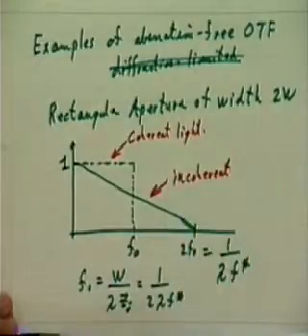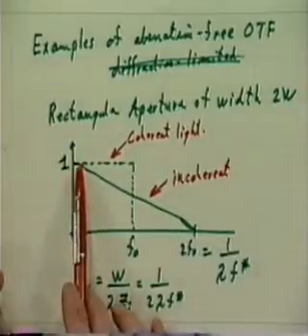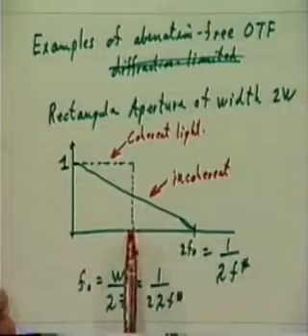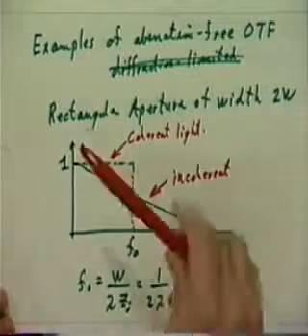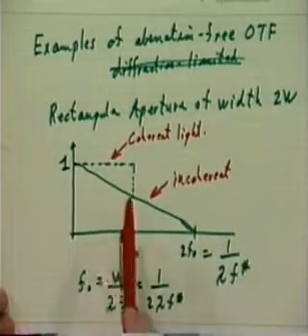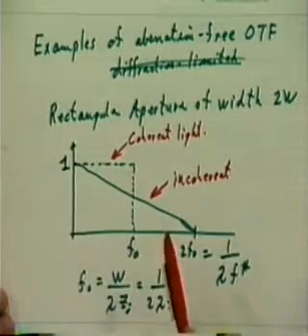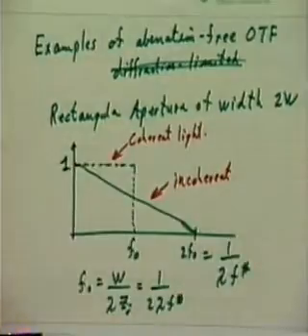It's kind of interesting here that because it's the autocorrelation, we go out here twice the frequency compared to coherent light. We get twice the cutoff, but it keeps dropping off as we go out. So for lower spatial frequencies, the coherent transfer function is higher. Well, this one keeps dropping off as we move out.